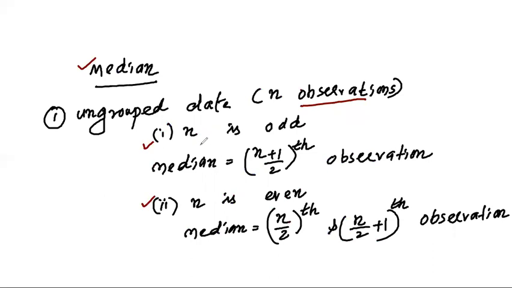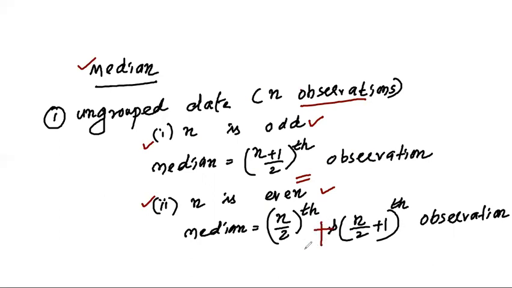After arranging them into ascending or descending order, if the number of total observations is odd, median will be equal to the (n plus 1) by 2th observation. If n is even, median is equal to the n by 2th and (n by 2 plus 1)th observation.